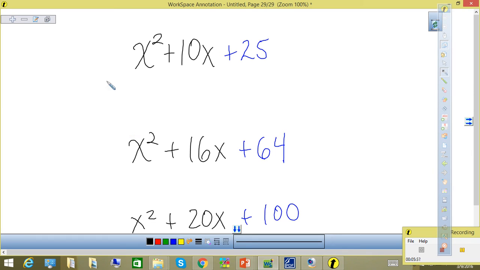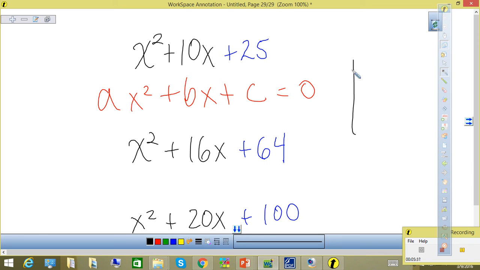Now, check this out. This is a standard form equation, yes? So, in terms of this, think about this before you start talking to your neighbor.